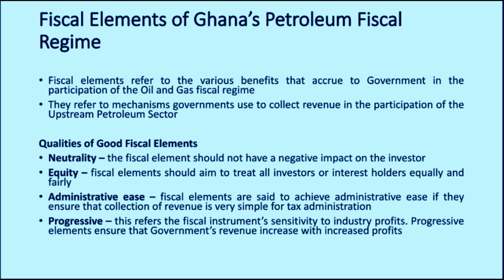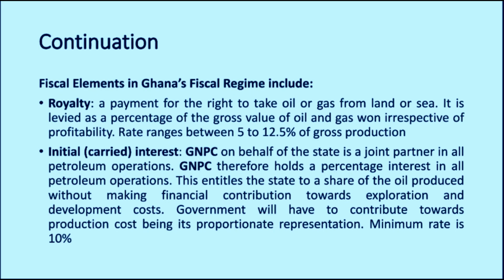Okay, so what are the various fiscal elements in Ghana's fiscal regime? So first we have royalty, which is a payment for the right to take oil or gas from the land or sea. It is mostly levied as a percentage of the gross value of oil and gas won, irrespective of profitability.